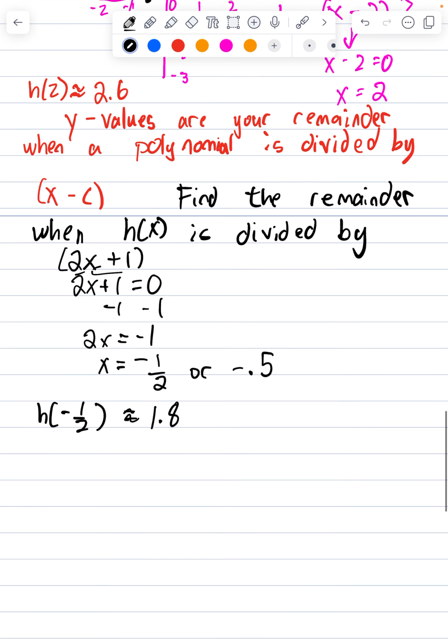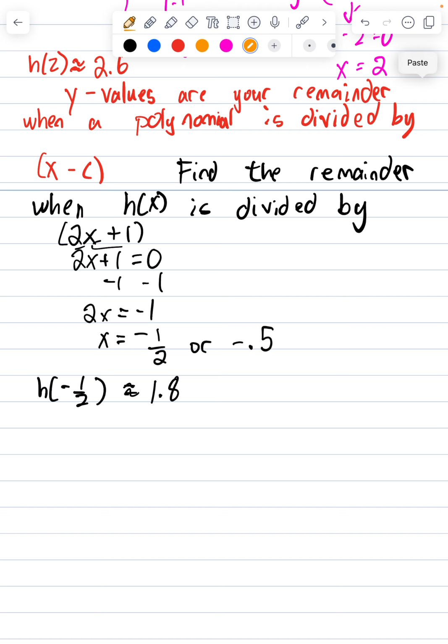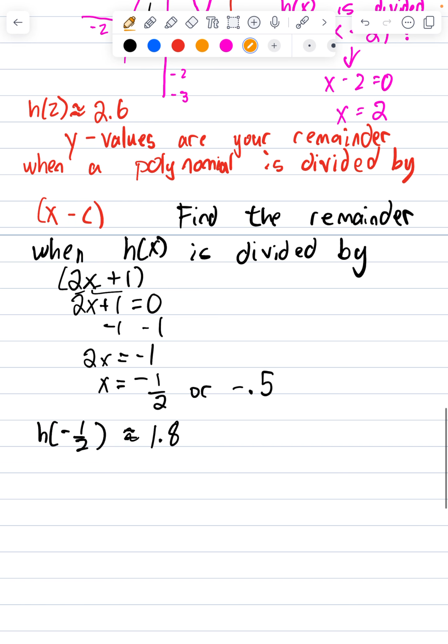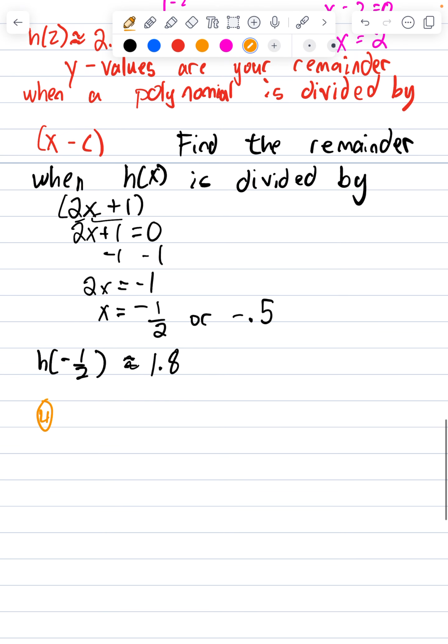One last one to tie this off, really easy. Let's say they give you a table for a of x, and the xy table is negative 1, 2; 0, 5; 1, 0; 2, 3.